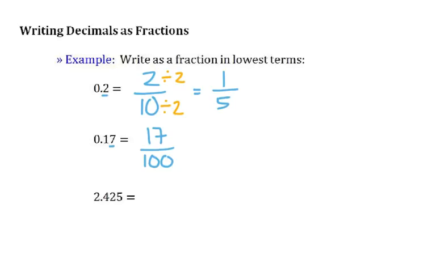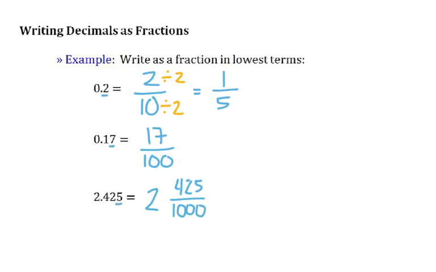And our last example here just gives a chance to look at what it looks like to involve a mixed number. So 2.425 would be 2 and 425 thousandths, since our last place value there ends on the thousandths place.